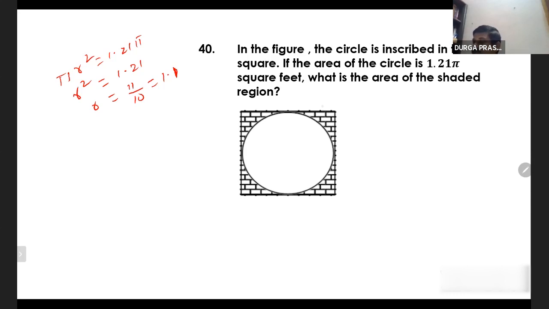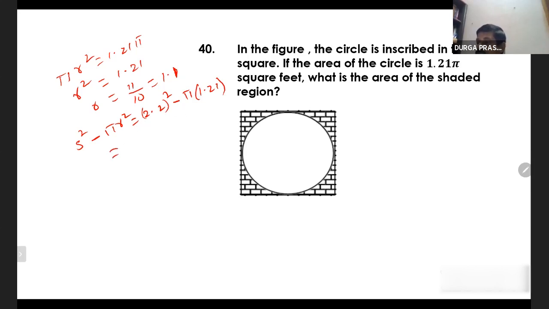Okay. What is the area of the shaded region? It's again the same: side square minus πr². Side is 2r, so 2.2 whole square minus π into radius square, which is 1.21.